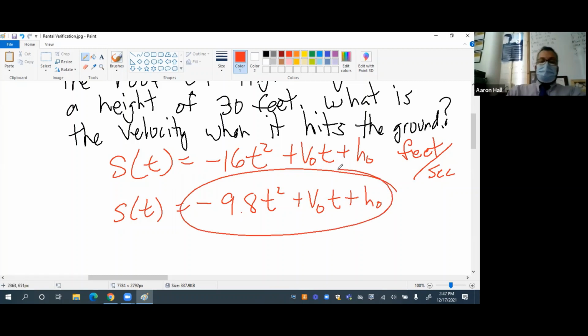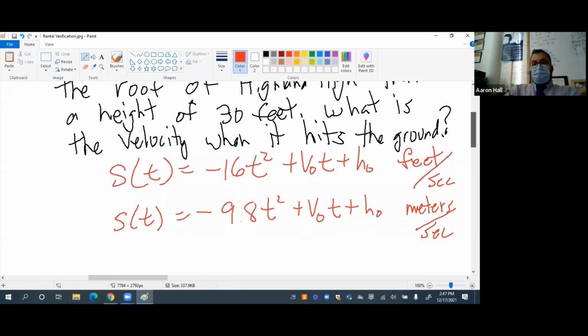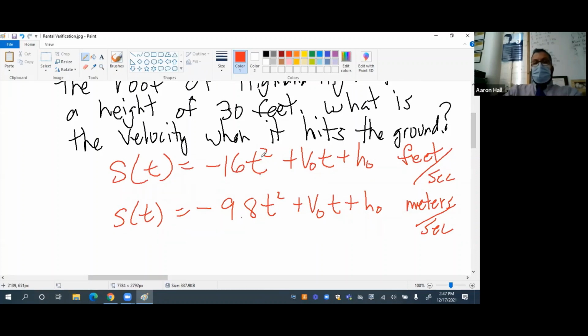What is this in reference to? Meters. That's meters per second. Which one makes the most sense for this problem? Yep. Why are these leading coefficients negative?